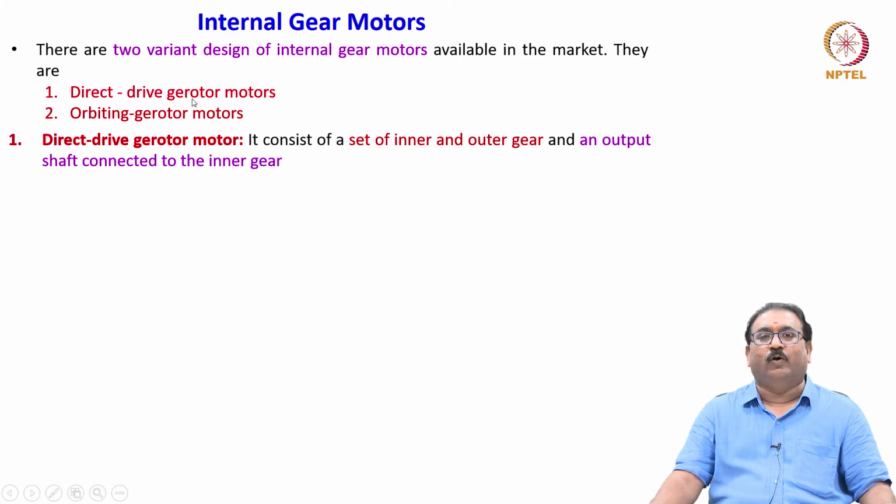As I have told you in the gerotor pumps, the same principles apply here. The direct drive gerotor motor consists of a set of inner and outer gears and an output shaft connected to the inner gear, meaning the inner gear is the driver.